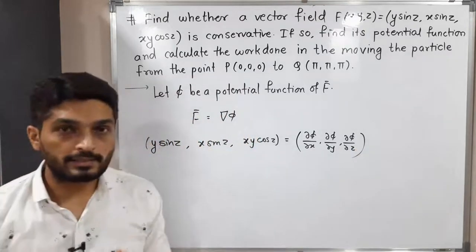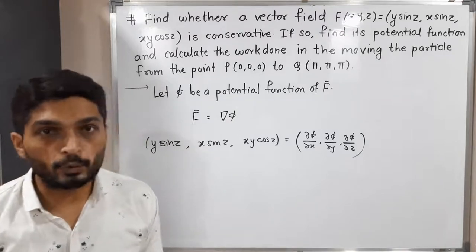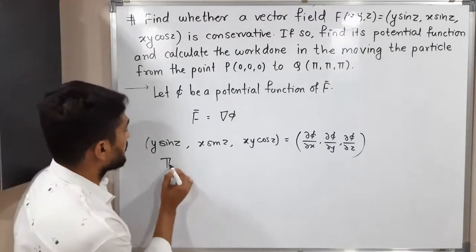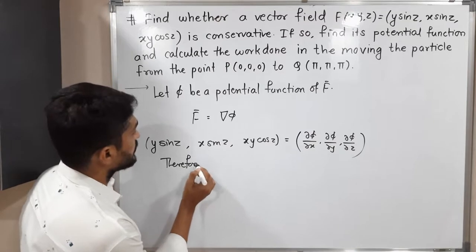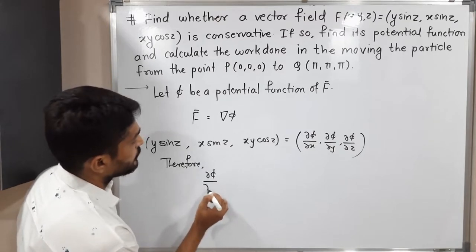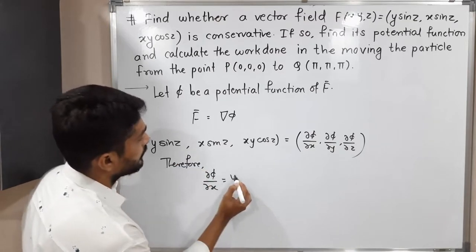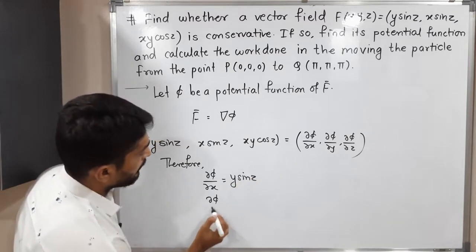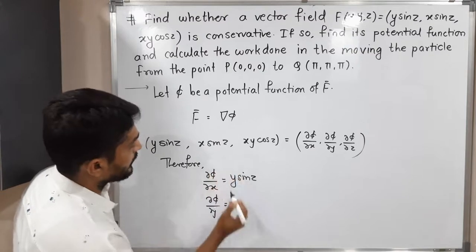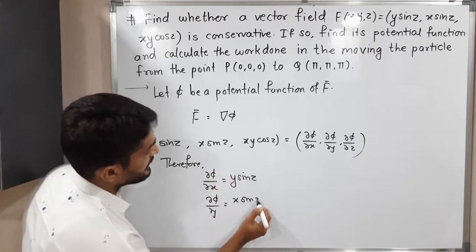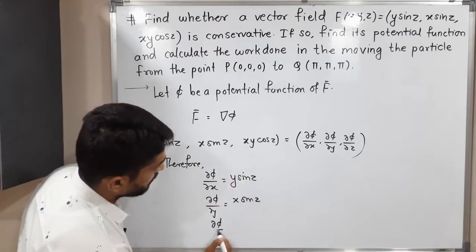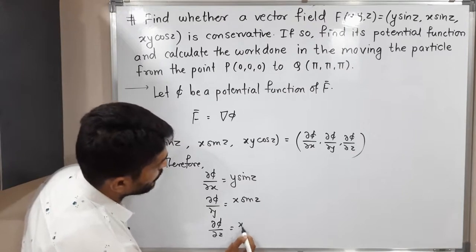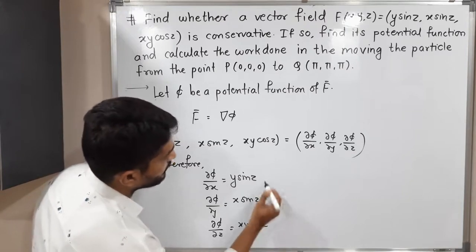Both vectors are the same, so we can equate their components. First component: ∂phi/∂x is equal to y sin z. Second component: ∂phi/∂y is equal to x sin z. The last one: ∂phi/∂z is equal to xy cos z.